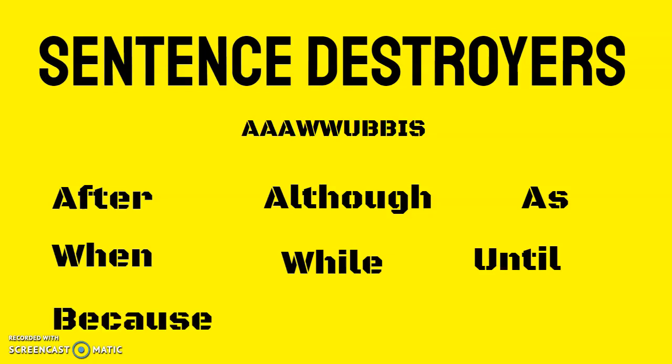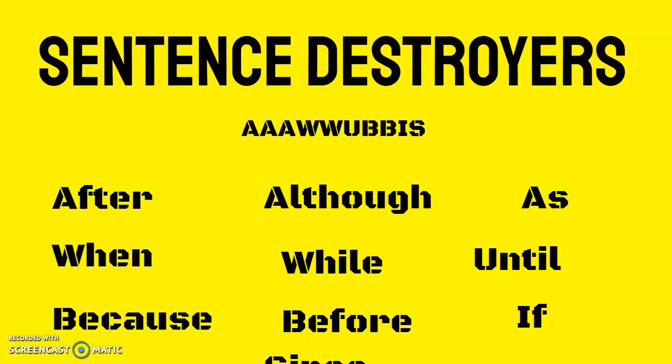We've got because, before, if, and last but not least, since. That might be cut off a little bit for you, but it's since. So there's your BBIS, okay? So those are your sentence destroyers. Remember, sentence destroyers include the words after, although, as, when, while, until, because, before, if, and since.